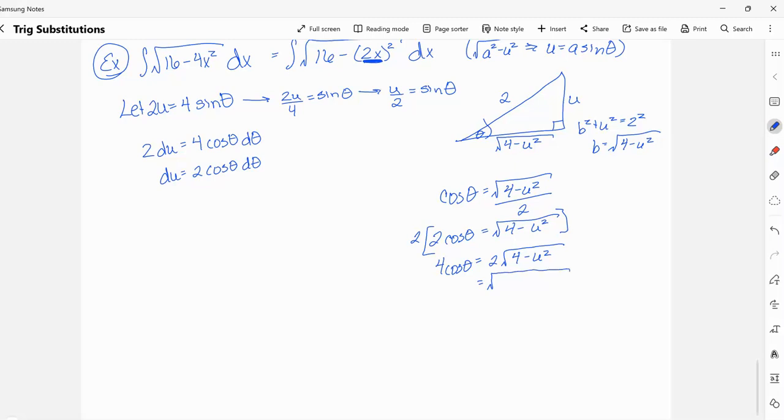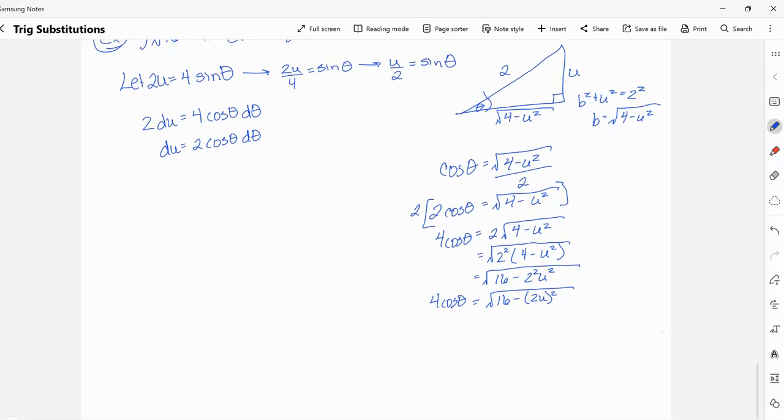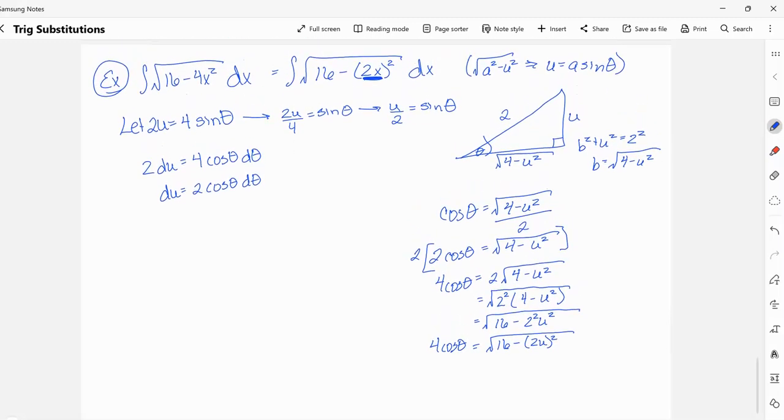That 2 on the outside of the radical really means I have 2 squared here, because the square root of 2 squared is 2, times 4 minus u squared, which means I've got 4 times 4, which is 16, minus 2 squared u squared, which is 16 minus 2u quantity squared. So now we've got a substitution for it.